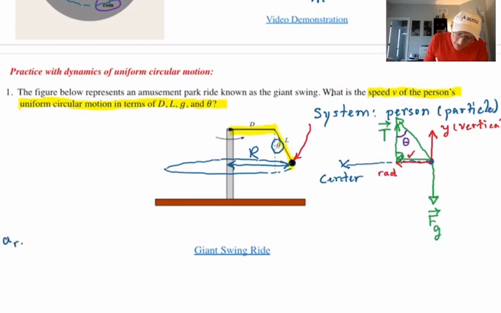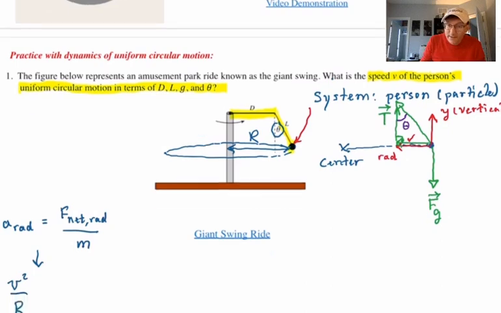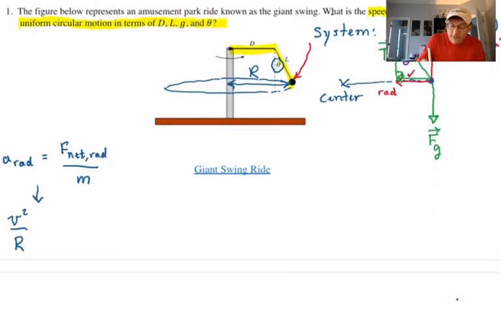A radial equals F net, comma, radial over M. Let's start with that one. Now for A radial, we have our good old friend V squared over the radius of the circle. So I will go ahead and write that.